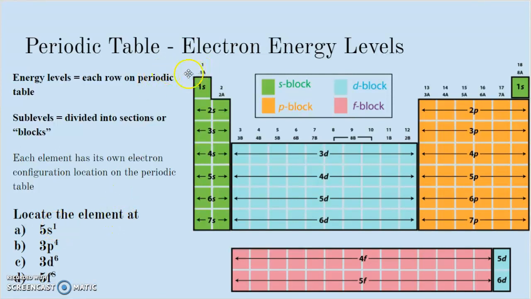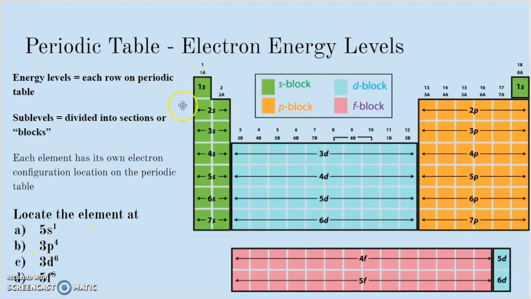So we have to go to the 5th energy level, which is the 5th row down, and we know that it's in the S, so this is 5s right here. This spot is 5s1 because this has 1 electron. This spot is 5s2. So we were looking for 5s1, so the element that we would want would be right here, 5s1.